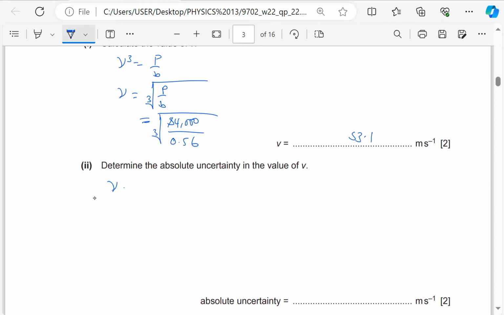So remember, V is going to be P divided by B to the power of 1 over 3 because it's the cube root. So the power is multiplied by the percentage or fractional uncertainty.